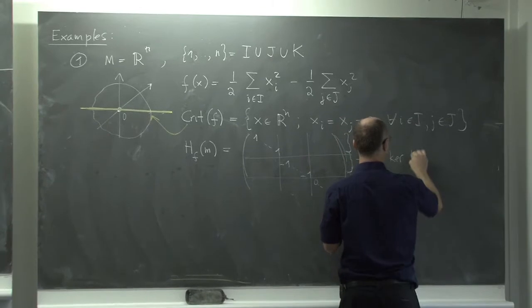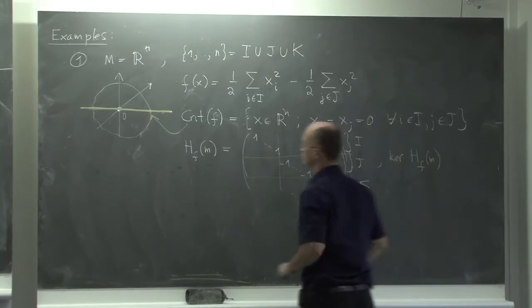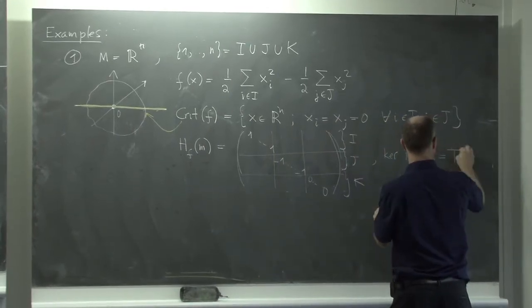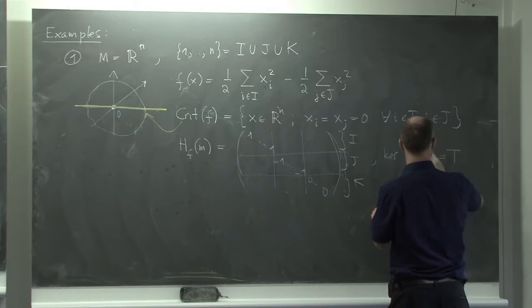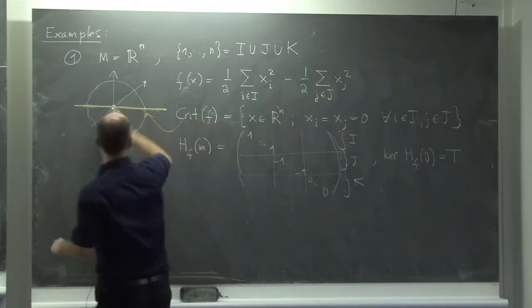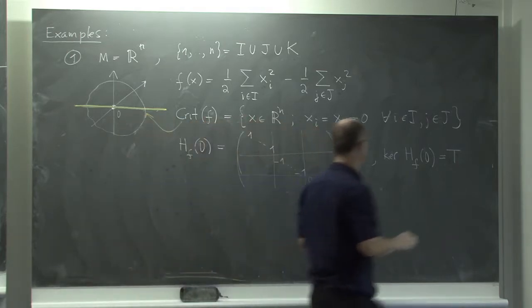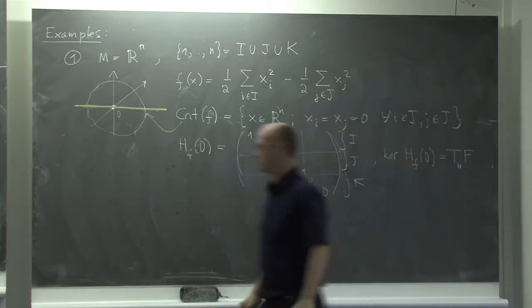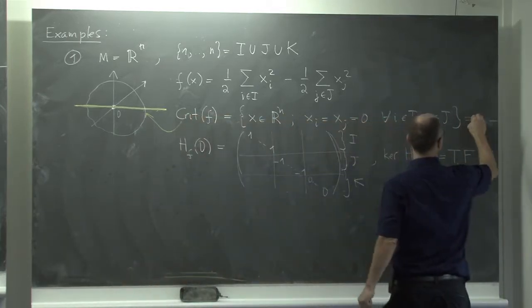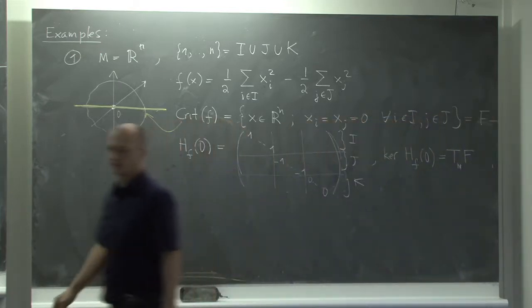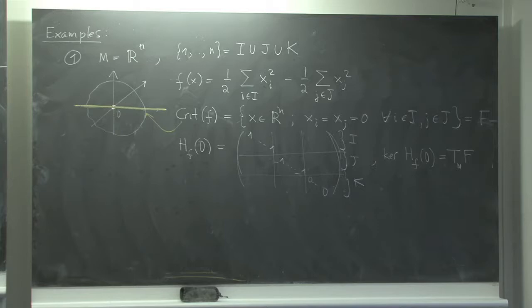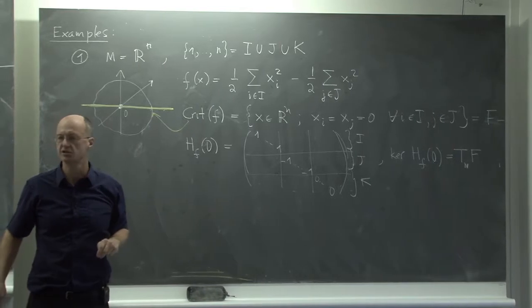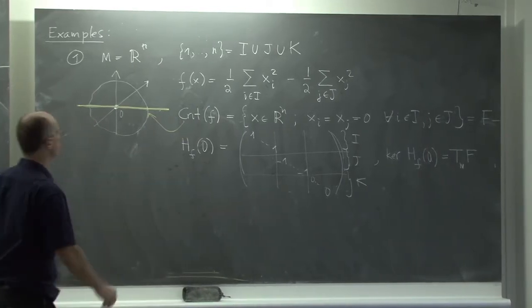Now we do see that the kernel of the Hessian of f at m is exactly the tangent space. Let's say I choose the origin as the point of the critical set. And this is T_m F, where F is this subspace. So that's an example of how Morse-Bott functions look locally. That's a model.